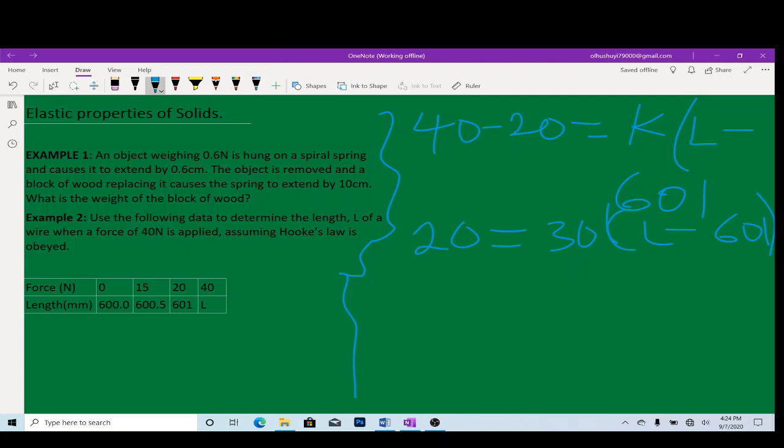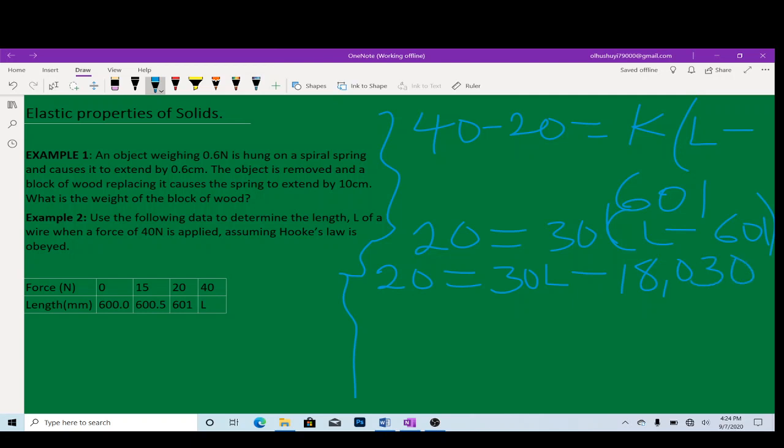All you have to do is write your 20 equal to 30L minus, what is 30 times 601? Don't forget to expand this bracket. 30 will open up the bracket, so we have 18,030.